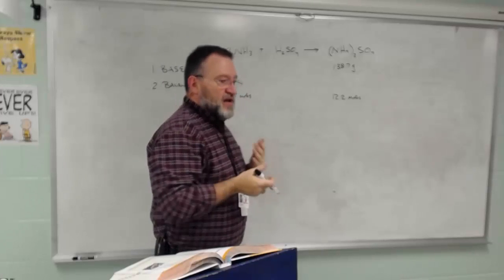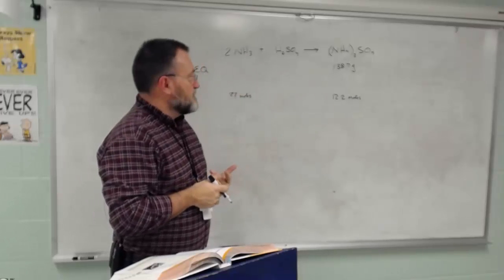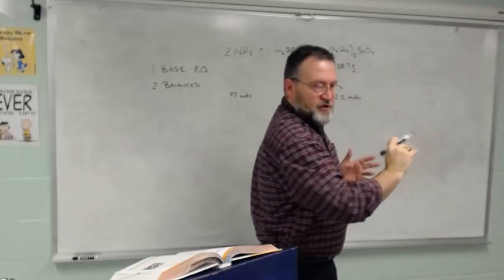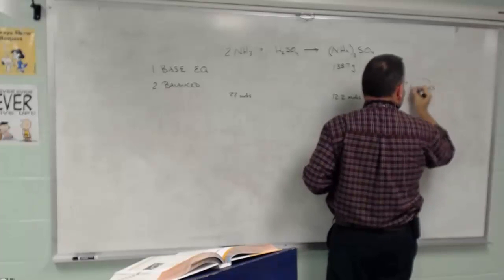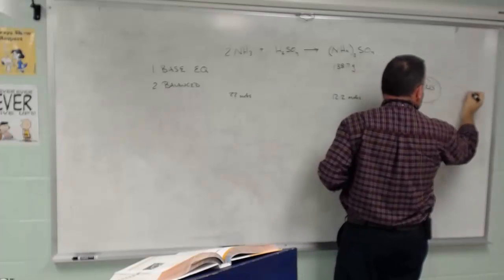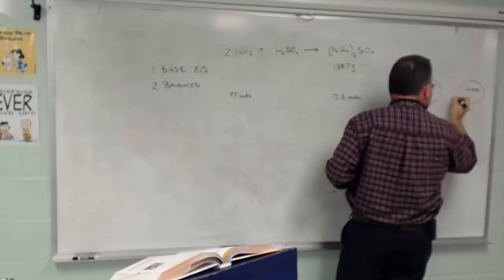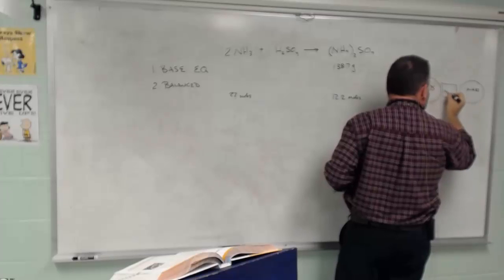So I've got to have a way to convert my mass into my number of moles. Over here, real quickly, let's look at the one arm of our molar bridge diagram. We have moles, and on this side over here, we had mass. The component that goes between these two is our molar mass.